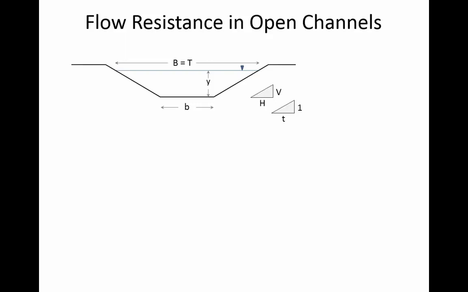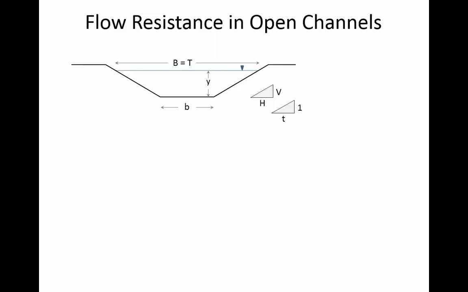Well, the area is just the bottom width times the depth. That's easy enough. And what about the wetted perimeter of this rectangular channel? It would be 2 times the depth plus b. So we like rectangular channels because the geometry is just open and shut.